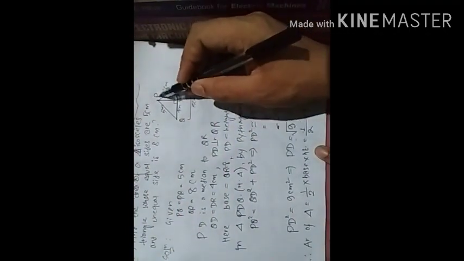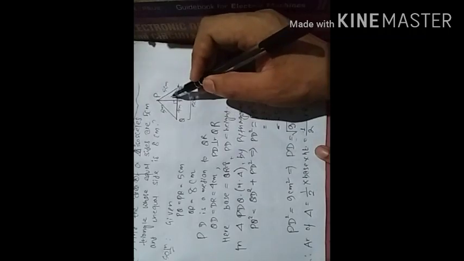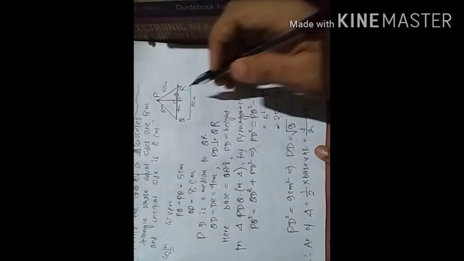So PD is the median, PD will be the altitude, or you can say PD is the height. So PD will become 3. Now you can cut this, it will become 4, and 4 into 3 centimeter square means 12 centimeter square.